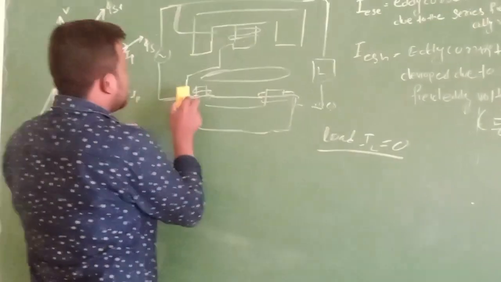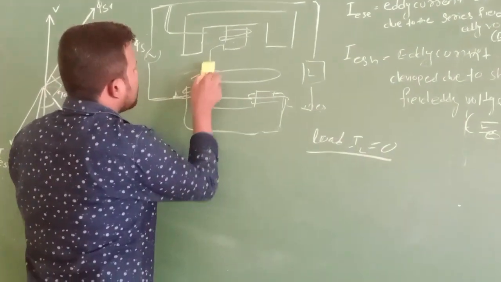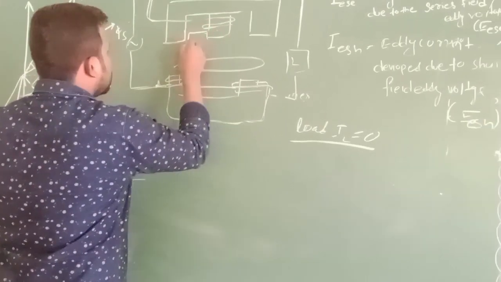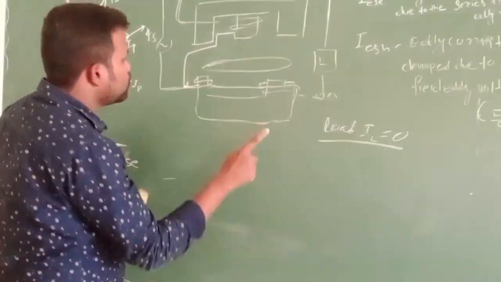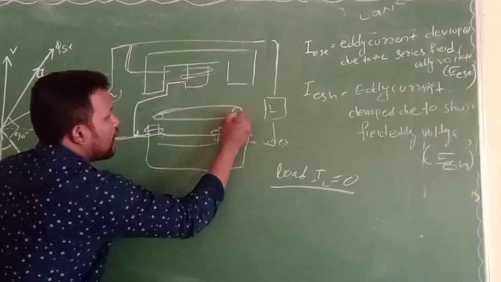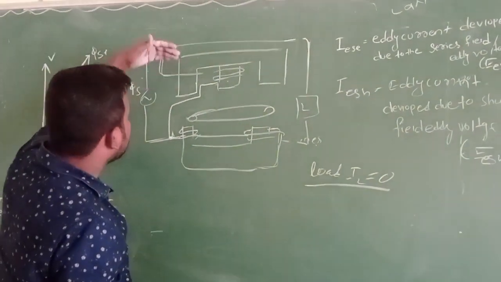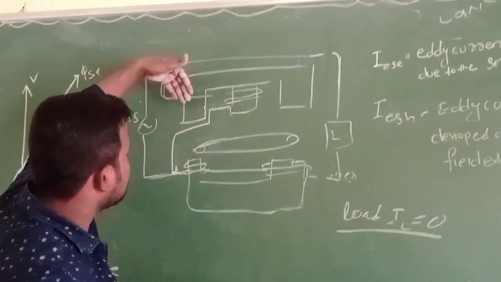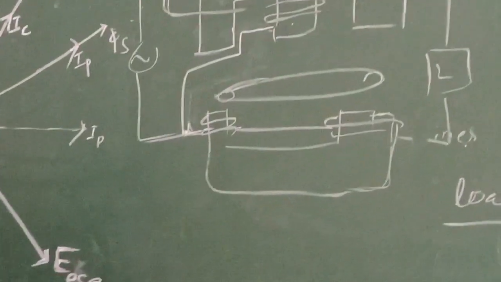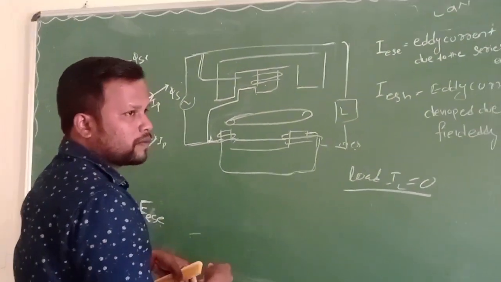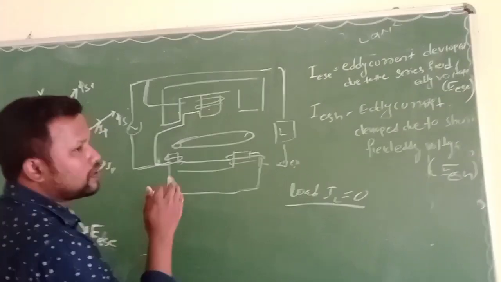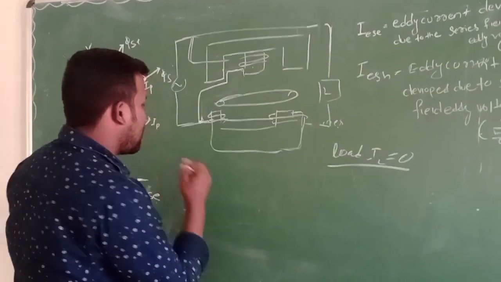We have to keep two holes near the side edge of the aluminum disc. When the shunt field has an impact on the aluminum disc, the flux passes through the holes and gives a vacuum torque which does not rotate the disc.